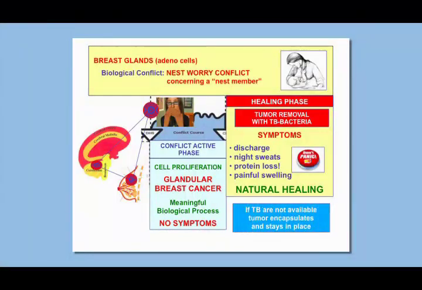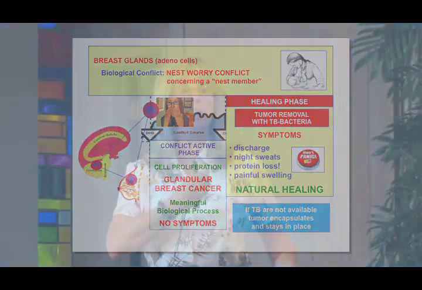Well, we know this already, just to summarize it here. If the woman does not have the tubercular bacteria or the fungi available to remove the tumor, it will encapsulate and the tumor stays in place. So there are no night sweats, there is no inflammation, there's nothing, the tumor stays there. Okay? And as I said before, such an encapsulated tumor can be found years or decades later with a mammogram.